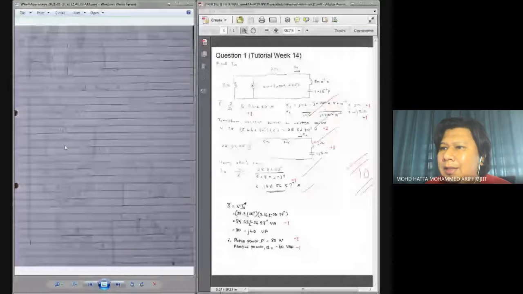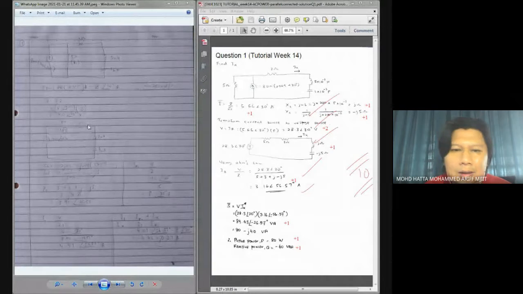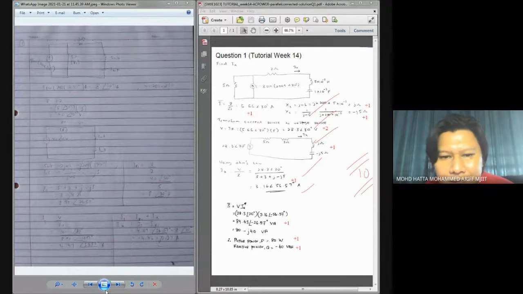So from this circuit, you know that the total current flowing in this circuit is the same current as IX. So you don't need the part that you calculated over here. This is wrong, and the understanding is also wrong over here. But up until this one, it is correct. Okay, Hadif?